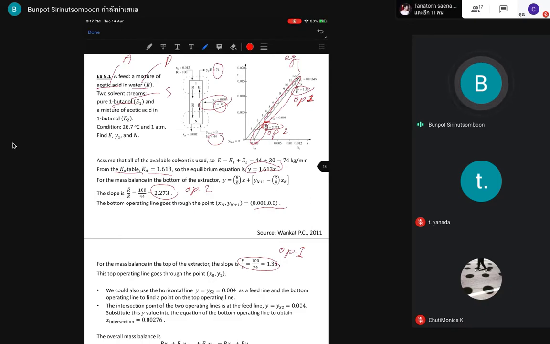What we use is the horizontal line for the feed, for this feed right here.